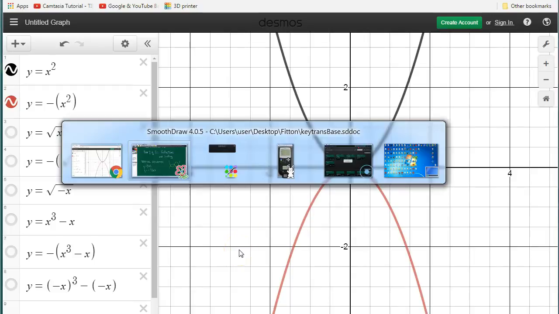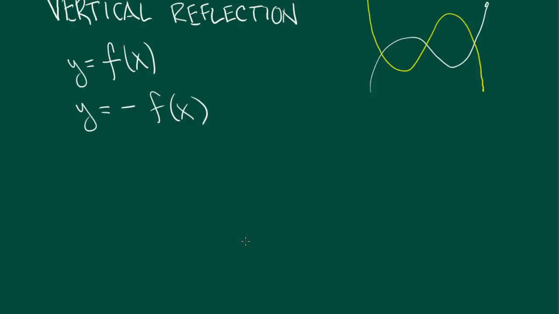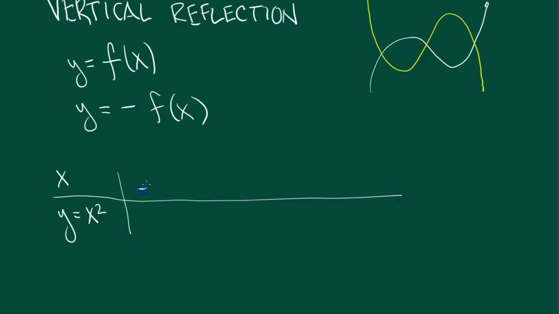So let's take a look at this numerically. I have my x values, so x and then y is equal to x squared. So let's say -2, -1, 0, 1, 2. -2 squared is 4, 1, 0, 1, 4, and so on.